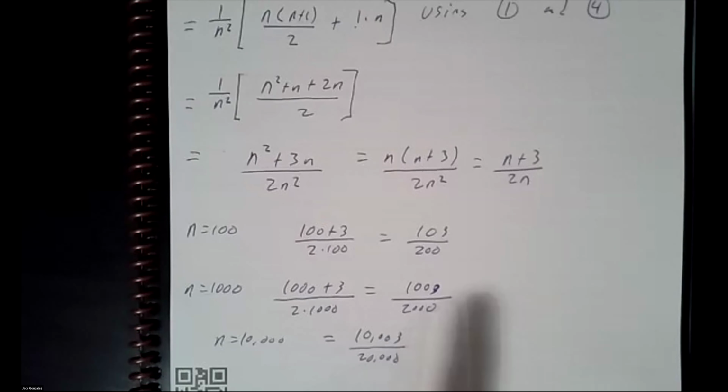So we found the sums for 3 different n's. But first, find the sum in general. We factored the n to get n plus 3.